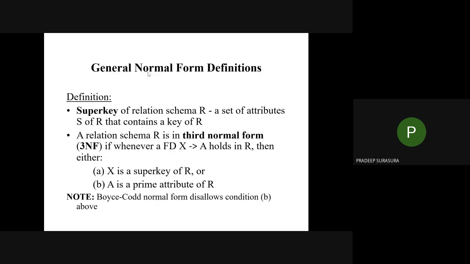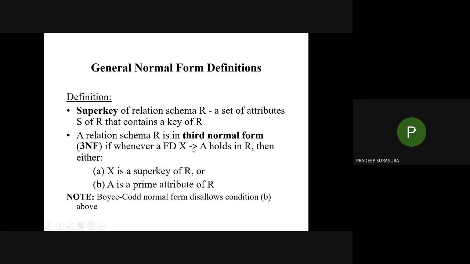So please understand the difference between third normal form and Boyce Codd normal form. In third normal form, we observe that an FD X determines A holds in R in the sense either X should be your key, or A should be the prime attribute, or the part of the key.